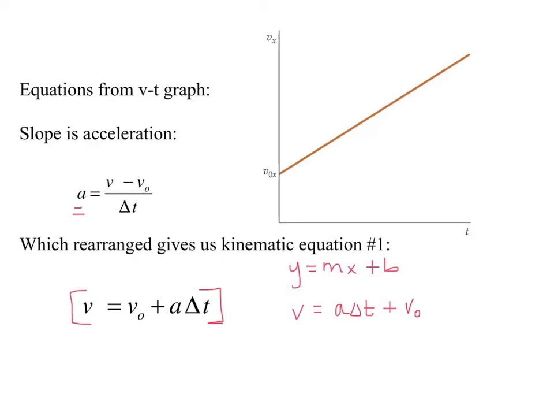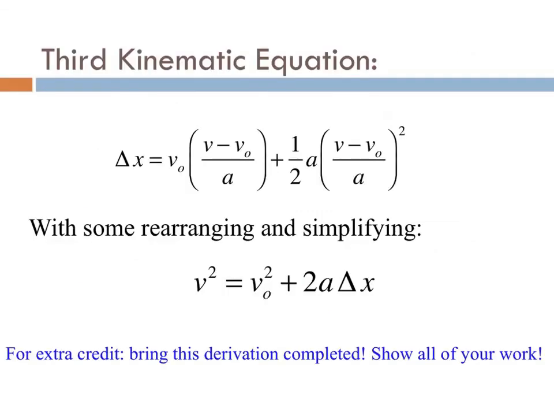But we're used to seeing it as final velocity equals initial velocity plus acceleration times time. But it's the same thing. And our last official kinematic equation comes from substituting in v is equal to v naught plus at.